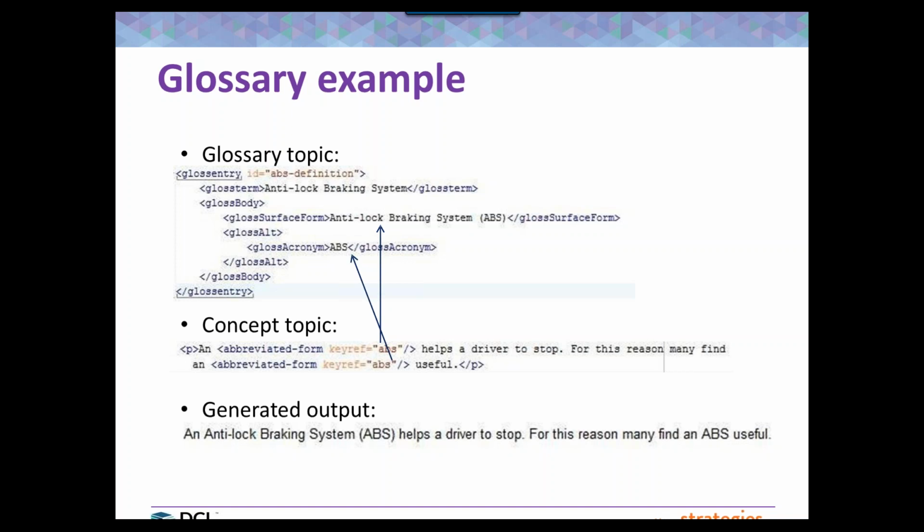Abbreviation's maybe not the best example, but for term, for instance, a lot of companies use the same word multiple ways, like the word component can have different meanings. By abstracting that relationship to the map, you can say that for this map we want to point to glossary topic 1, and in this other map we want to point to glossary topic 2. So it's in the map.